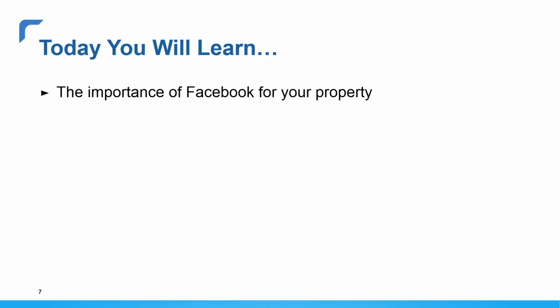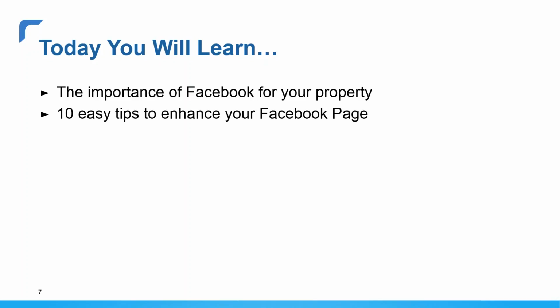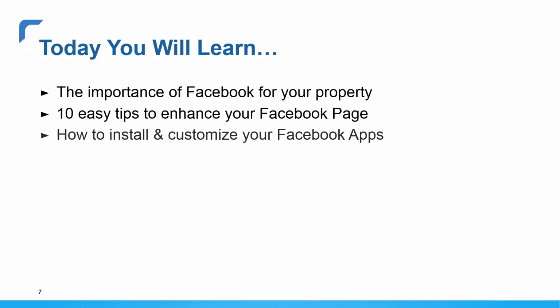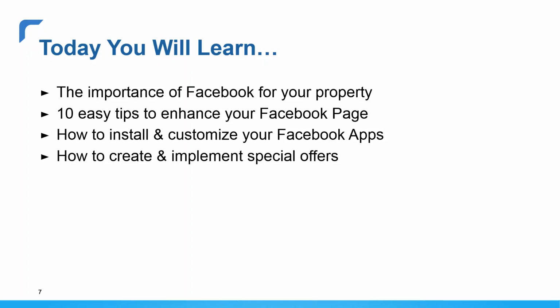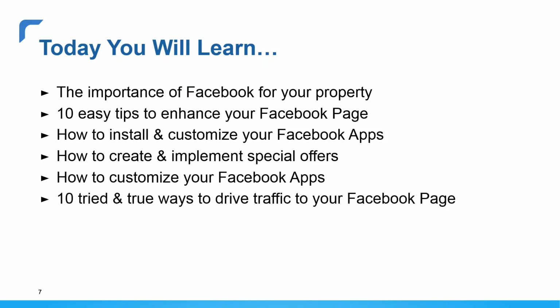Specifically, here's what we're going to be covering in the next 30 minutes. First is the importance of Facebook for your property. Next is the 10 easy tips to enhance your Facebook page. We're also going to be going over how to install and customize your Visly Facebook apps that can get you direct bookings, how to create and implement special offers, how to customize your Facebook apps, including app icons, text, and sequence, and then finally we're going to be walking through 10 true ways to drive traffic to your Facebook page.